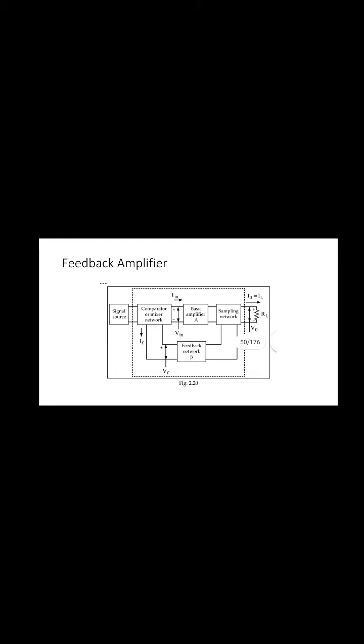So we take a sample of the output and give it back to the input side. This may be added or subtracted based on our requirement: two types, positive and negative. For negative feedback, it is subtracted at the input side. For positive feedback, it is added.